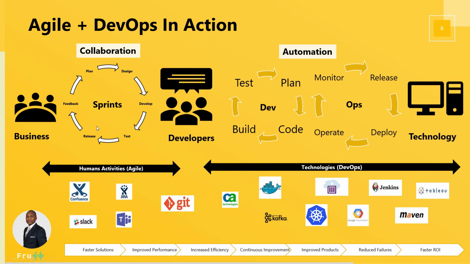And once you do Agile and DevOps, so the human activities plus the technologies and the automation, you still get the same benefits, right? Faster solutions, improved performance, increased efficiency, reducing failures, because when you automate things, you reduce failures. So think about running through test cases.